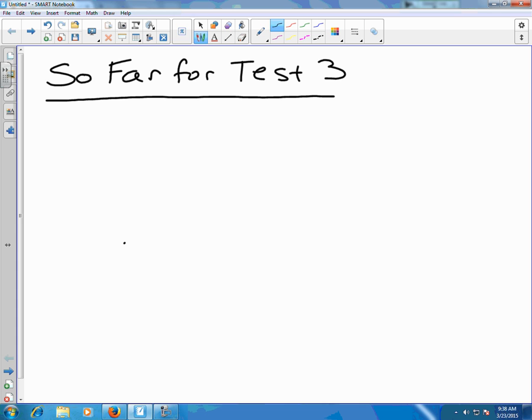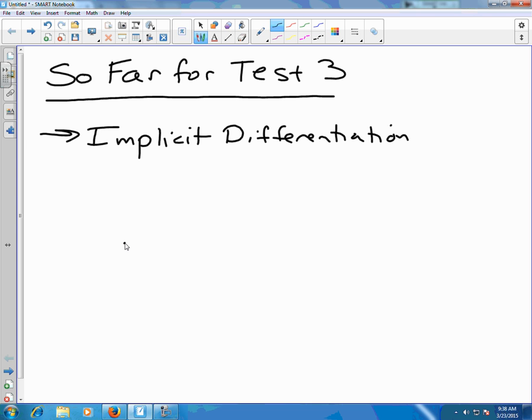Since you guys are the only 2 here, we should kind of go back over some of this stuff. So far for this test, right? We did implicit differentiation with the x's and y's, dealing with those derivatives.